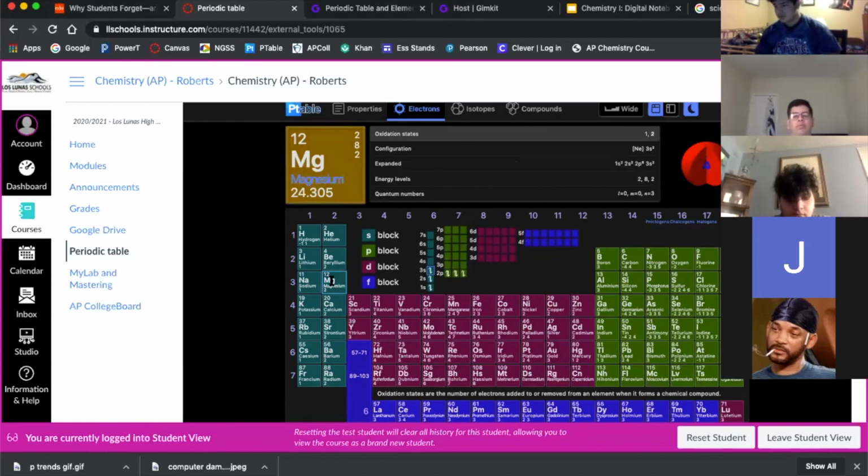If you want to double check yourself, just hover over magnesium and you'll notice that the expanded electron configuration is here, but also the shorthand version where we use the noble gases at the beginning to make it easier or shorter. It gives you the quantum numbers too, if you're interested in that from chapter 8, but we don't have to do that. And then it also shows you the orbital.